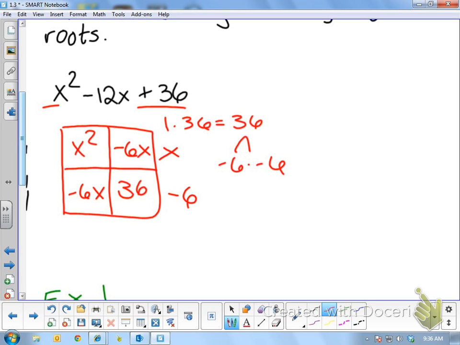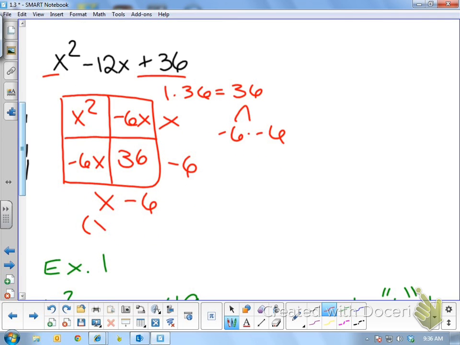Bottom row is negative 6. First column is x, then negative 6. So we get x minus 6 times x minus 6.